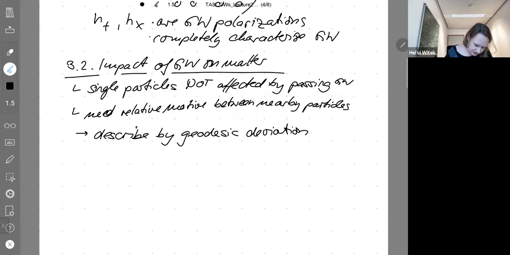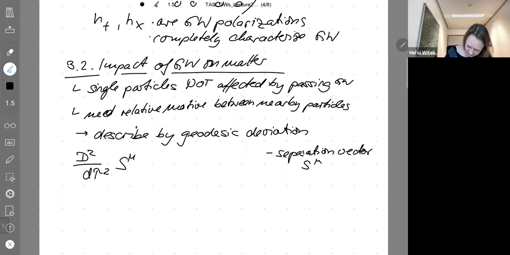In particular, if we take the separation vector, ξ^μ, then we can describe this as the second derivative d by dτ, where τ is the proper time between the particles.